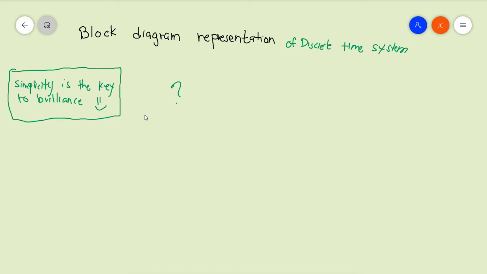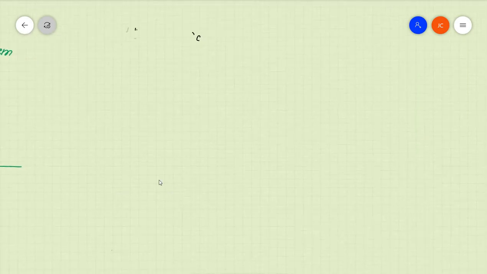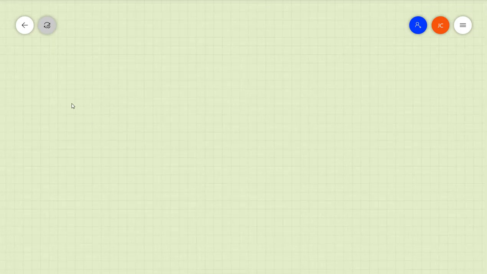Block diagram representation is an efficient way to explain how the input affects the output of the system. So that's the importance of block diagram representation. Now we're going to cover some basics.